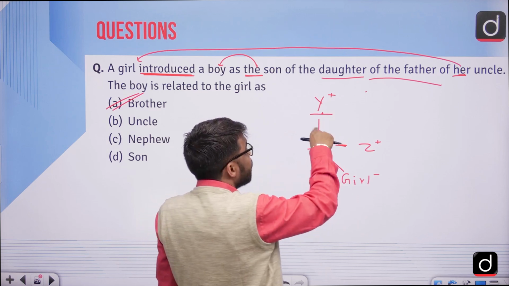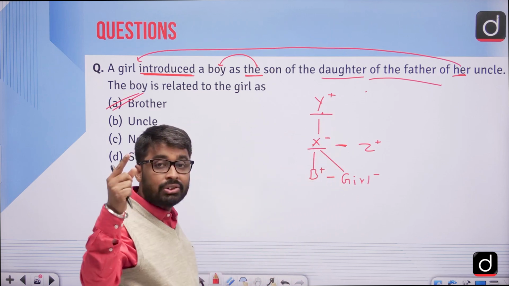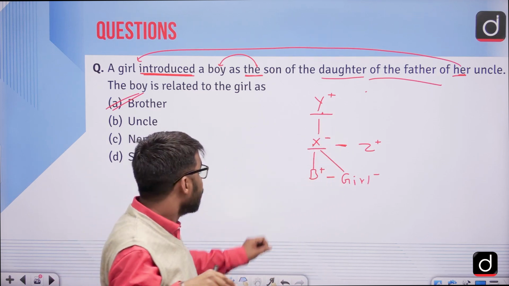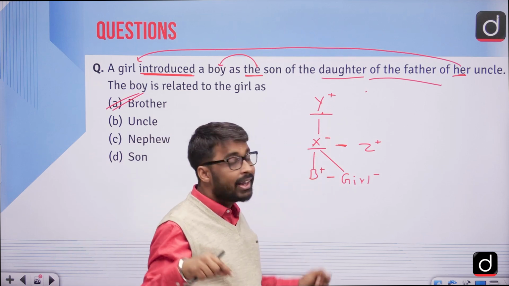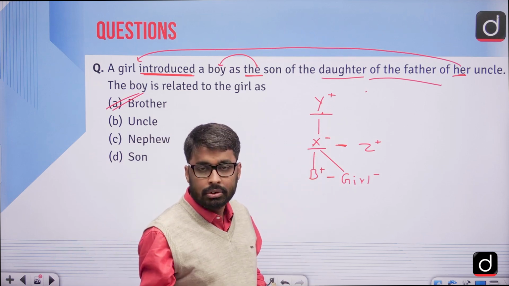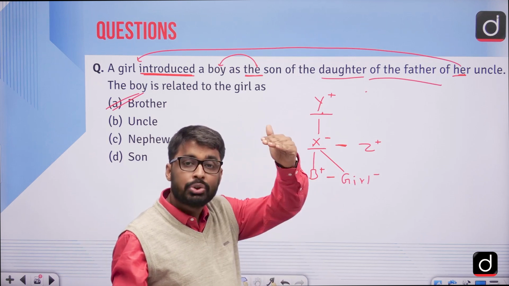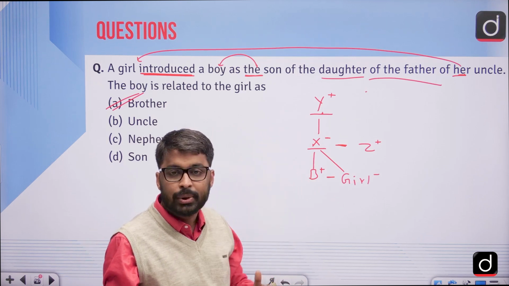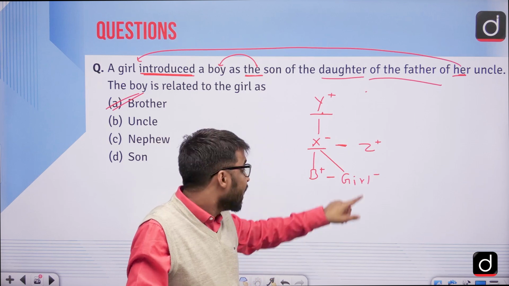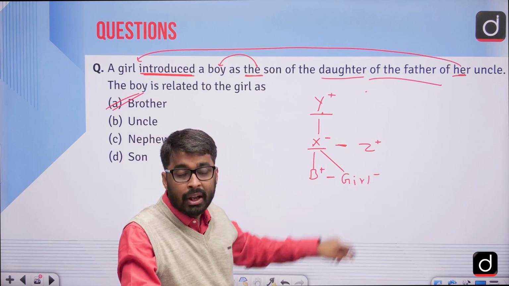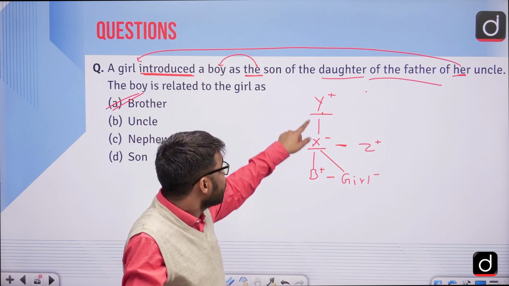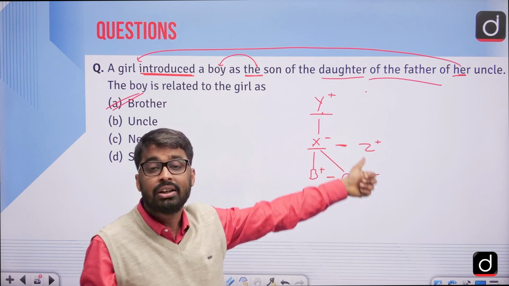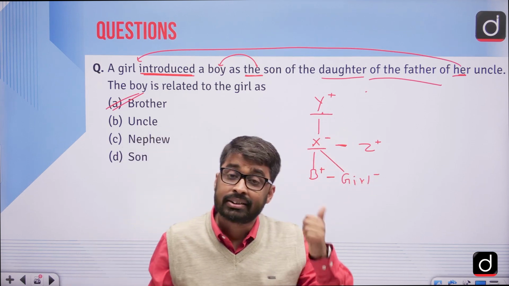So Y is the girl's uncle's father. Uncle's father is grandfather. So with respect to the girl, Y is grandfather. And grandfather should be 2 generations above. That means the girl should be 2 generations below. Why have I drawn this girl over here? Because Y is the girl's uncle's father, and uncle's father is grandfather.